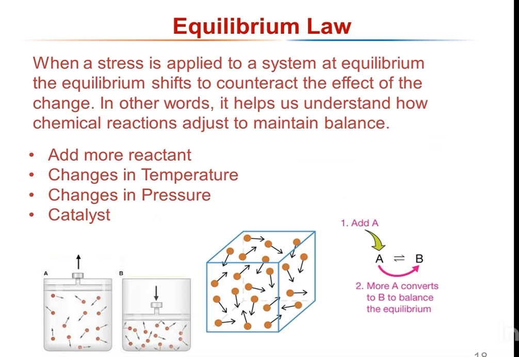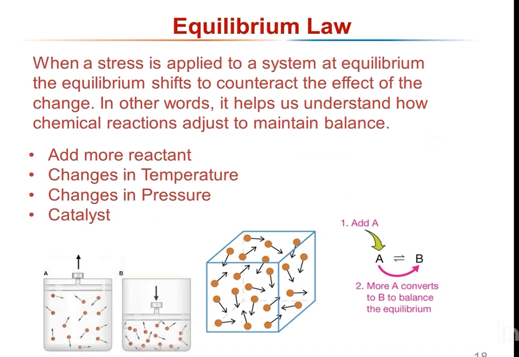In other words, it helps us understand how a chemical reaction responds to maintain balance, such as adding more reactant, changing the temperature, changing the pressure, or adding a catalyst.